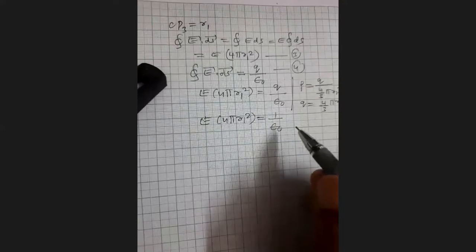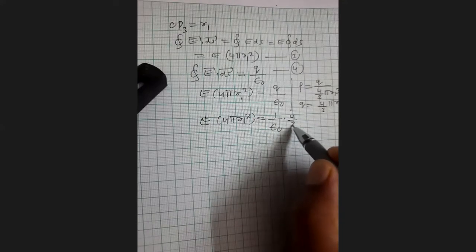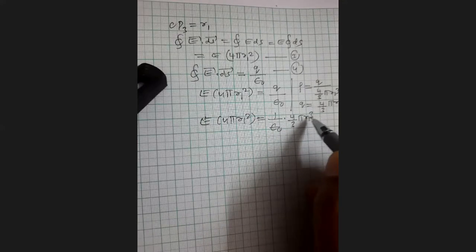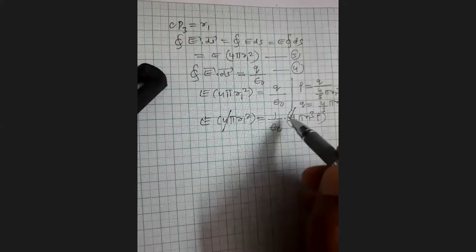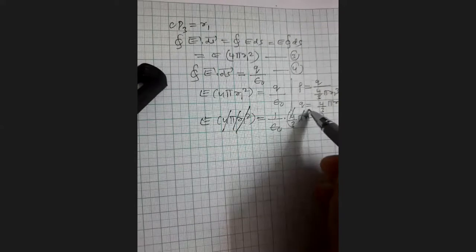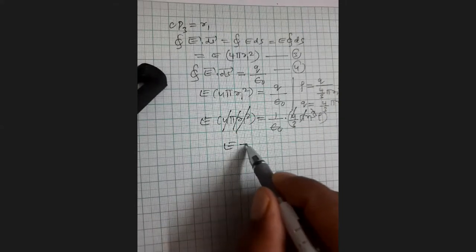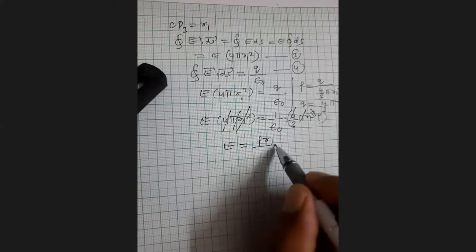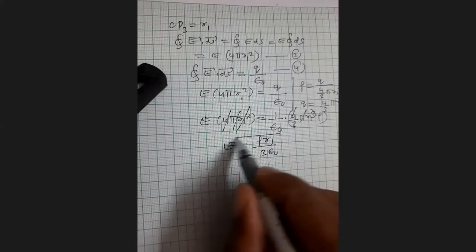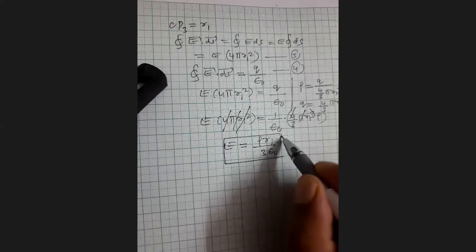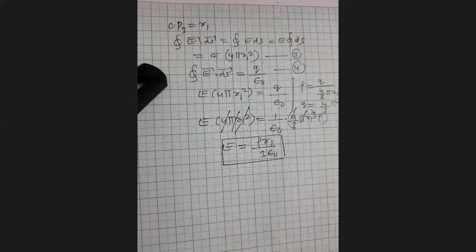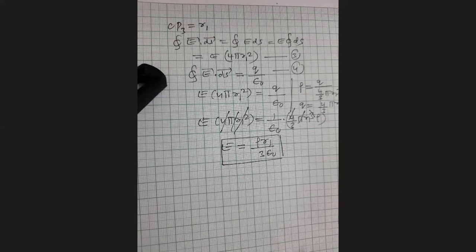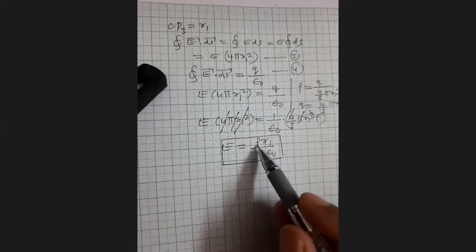Substituting that Q value here, 4 cancels, pi cancels, r1 square cancels. Then E is equal to rho r1 by 3 epsilon naught. This is the expression for electric field strength at a point inside the non-conducting, uniformly charged sphere. Here rho is constant.